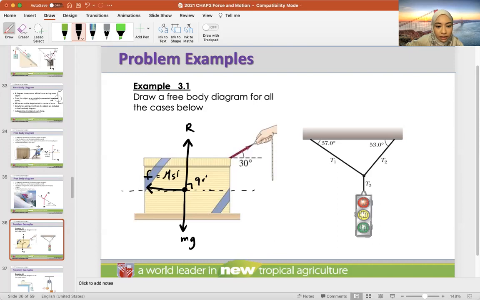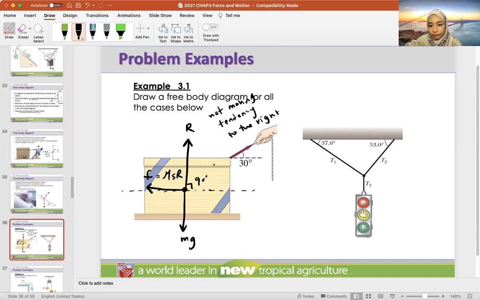So it's static, dia tak gerak lagi, so we use mu s R. If it is already moving, then you use mu k R, okay? So it's static friction right now because it's not moving, but it has the tendency to the right. Okay, not moving yet lah. Contoh konon-konon lah dalam cerita ni. Not moving but tendency to the right sebab kita ada orang tarik dia. So dia ada tendency untuk ke kanan tu.